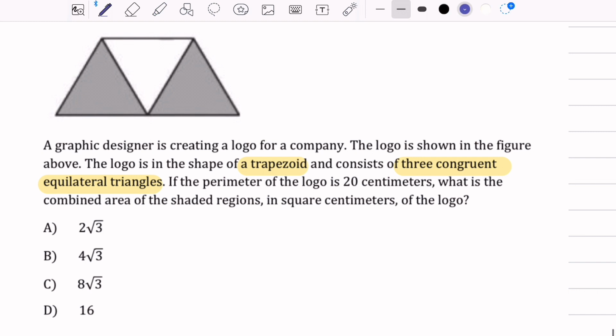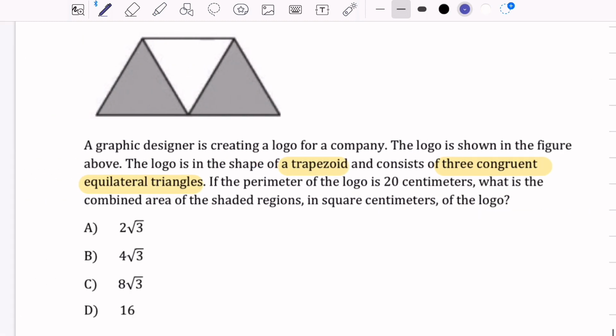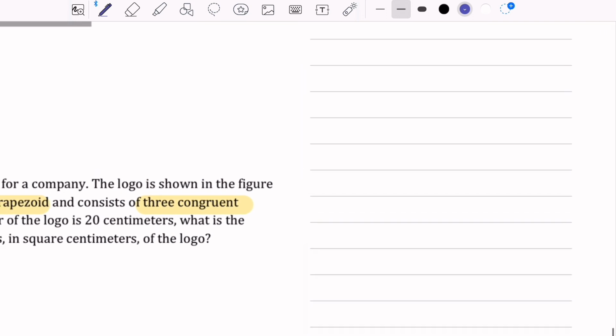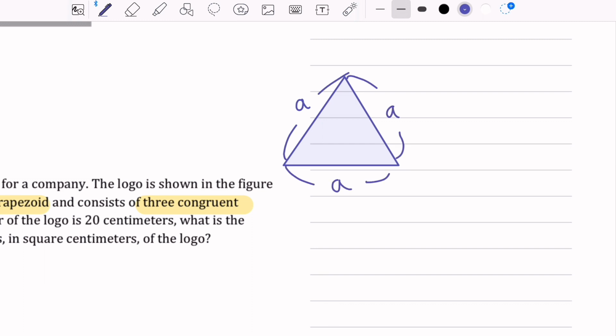Equilateral triangles have the same length on each side and have 60 degree angles.